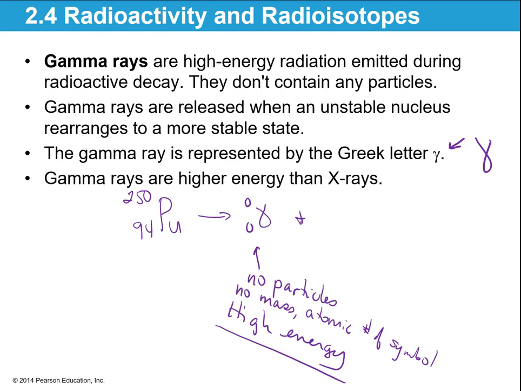So Pu, if you find Pu, capital P, little u, number 94 on the periodic table, very last row, plutonium, one that's used in those nuclear power plants. Okay, plutonium, you see 250 is its atomic mass compared to 94 protons. That's a lot of neutrons. Okay, a whole lot of neutrons in that.